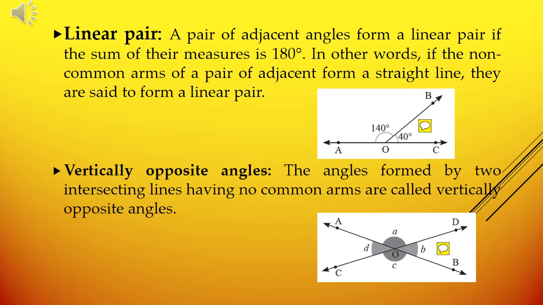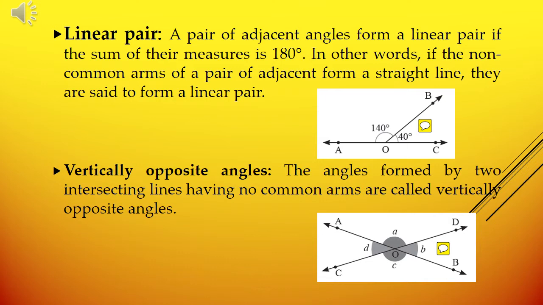Next comes the vertically opposite angles. These angles are formed by the two intersecting lines. When the two lines cross each other at a single point, then the angles formed are four in number.